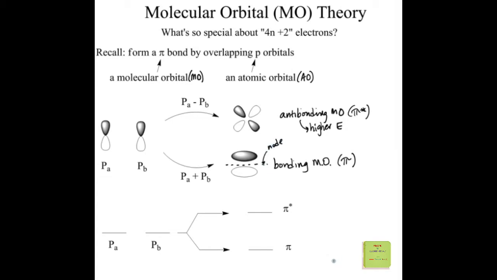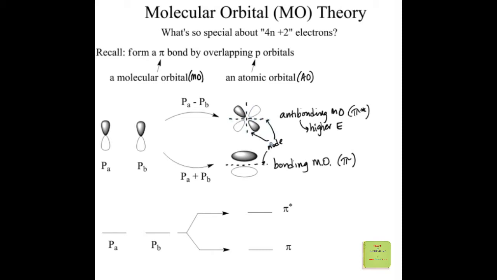So remember, these molecular orbitals define an area of probability of where the electrons are most likely to be. So if you have a pi electron, it's going to most likely be in a cloud above the atoms or a cloud below the atoms, but has a zero probability of being right between the two nuclei. Okay, and the antibonding has this node, but it has another node, so that has even more.